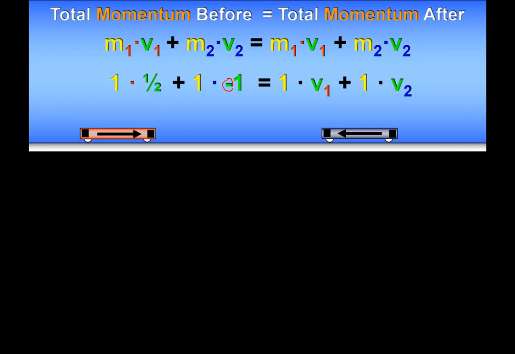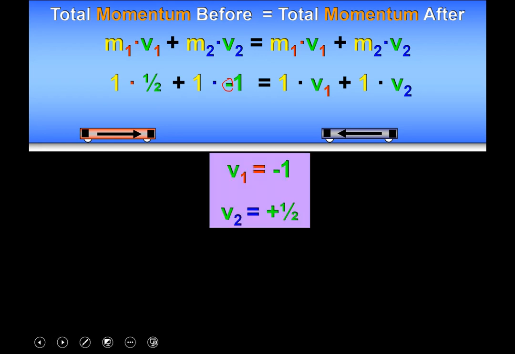I'll only make you solve for one of the velocities, but I'm just leaving both blank so we can look at how that's affecting it. And what you'll see is that the two velocities just flip. Red starts moving at a 1, just negative because it's going the opposite direction, and your blue one is 1/2. Because in an elastic collision, energy is conserved also.